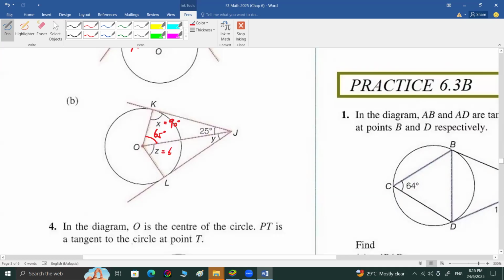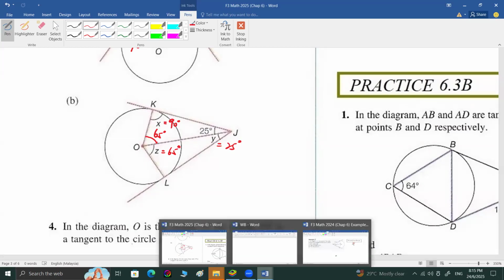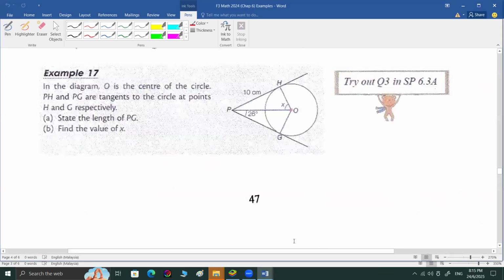So it's also 65. What is Y? Yeah, 25. It's quite easy, right? Okay, got it, class? Okay, now, before I continue question 4, this time remember I drew one arrow, right? So I need to ask, class, is it okay, all of you? Okay, next, look at my another example, class.